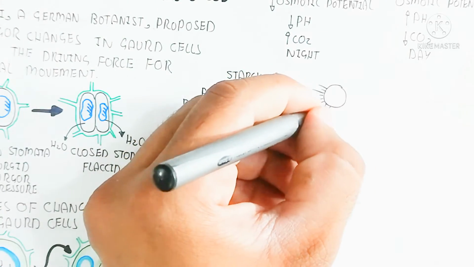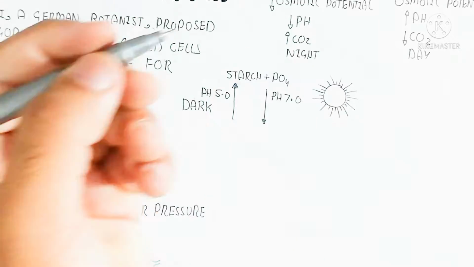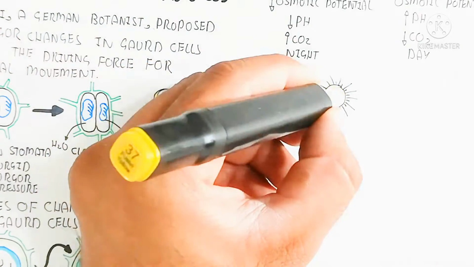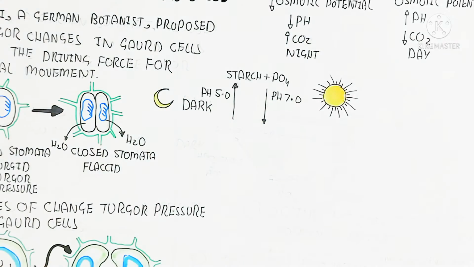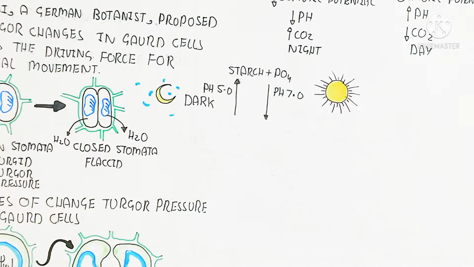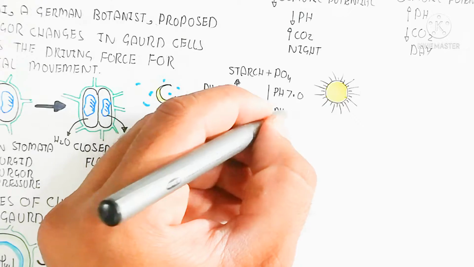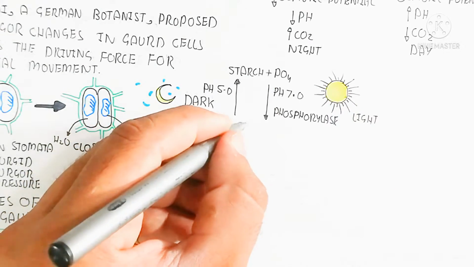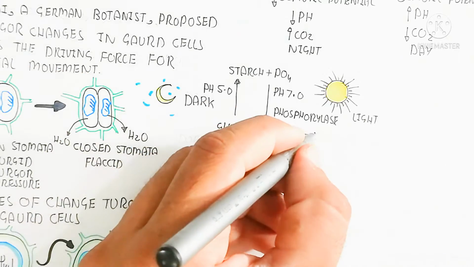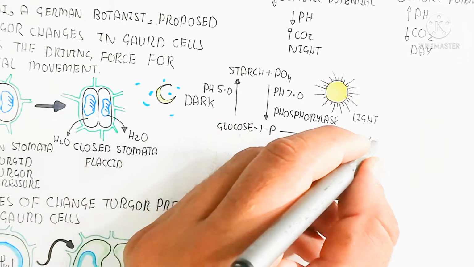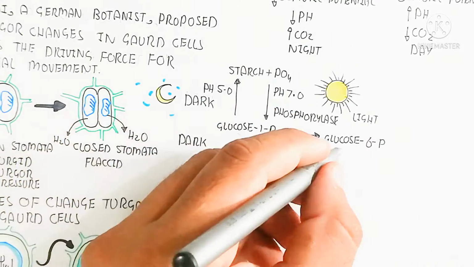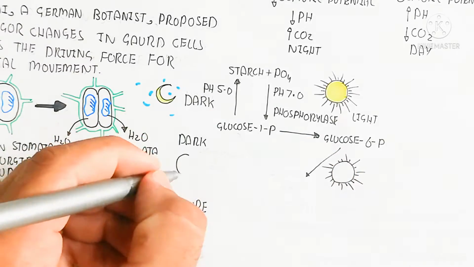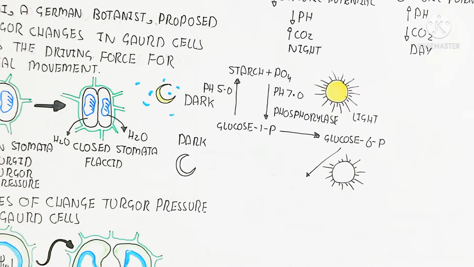So starch and a phosphate group are basically combined together to form glucose 1 phosphate. The pH in the daytime will be more basic, while in the dark time, the night time, the pH will drop to more acidic. So the phosphorylase enzyme is used during the daytime to produce the glucose 1 phosphate and glucose 6 phosphate conversion.